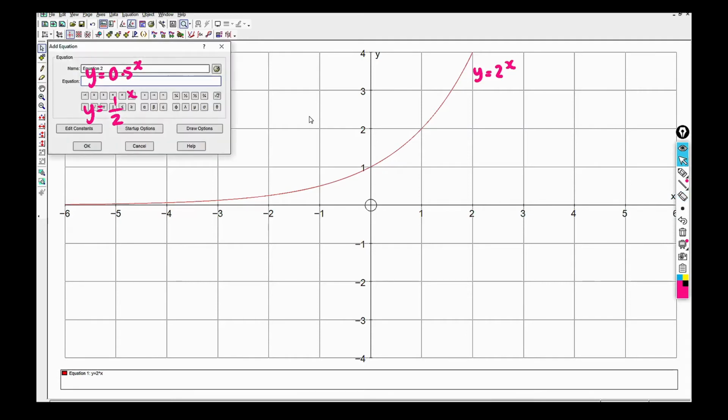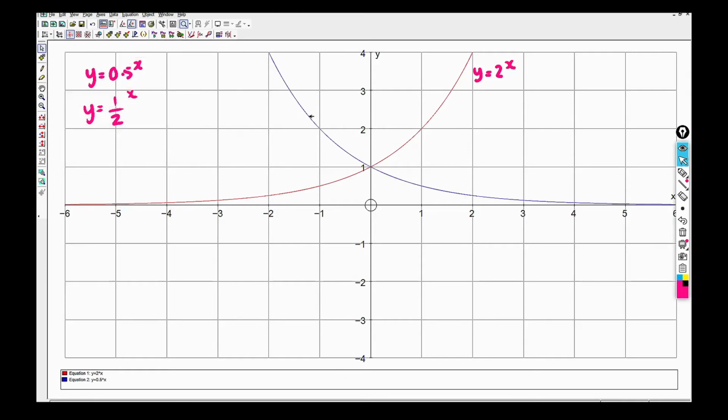So let's plot y equals 0.5 to the power of x, and you can see that it's completely reflected along the y-axis. Now you might be thinking, that's a bit of a surprise, because you think, well, as the base number gets smaller, that's what you get. However, when the base number is less than 1, let's write a little note.